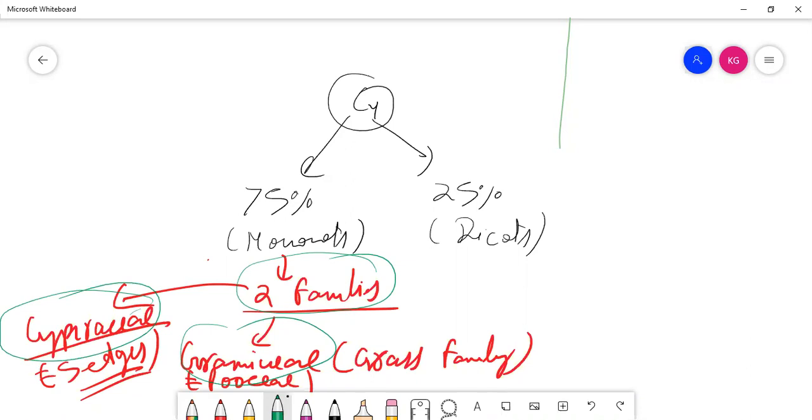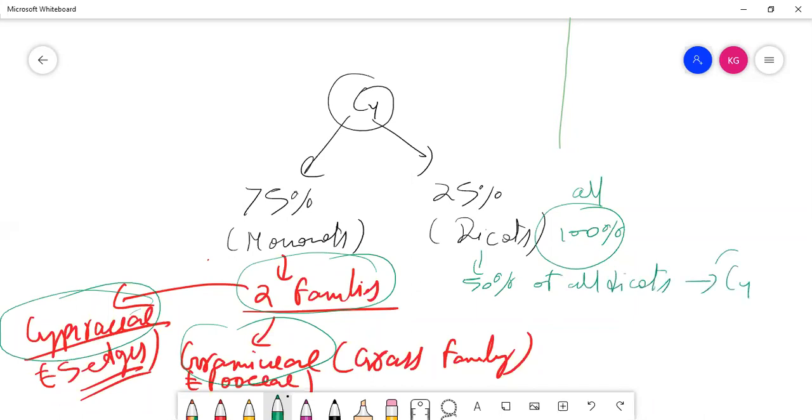Now let us look at the dicots. You have to remember, if I take this 25% as 100%, if I say all dicots which are C4, that means it becomes 100%. So out of all the dicots, 50% of dicots which are C4 are only represented by a single family.